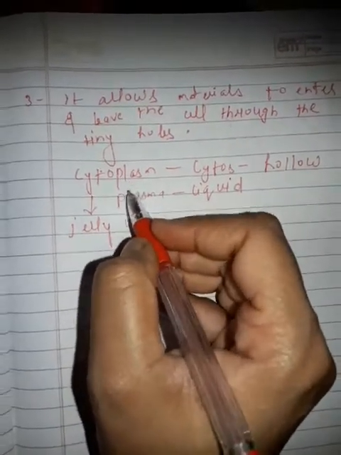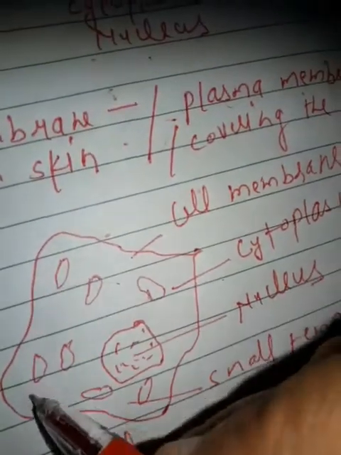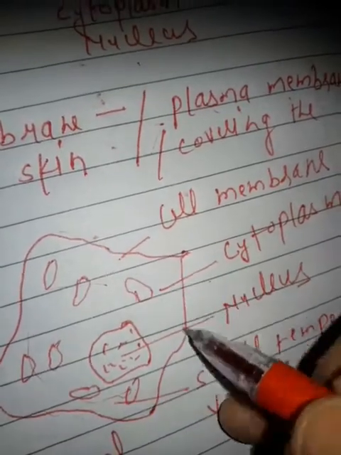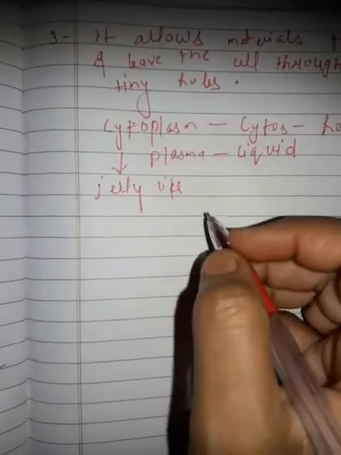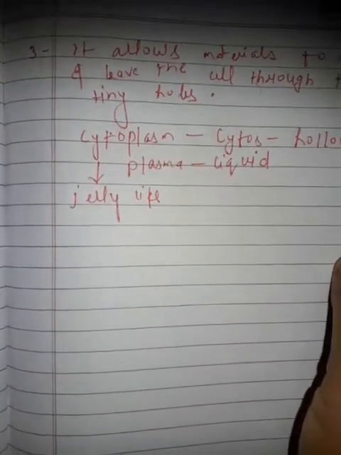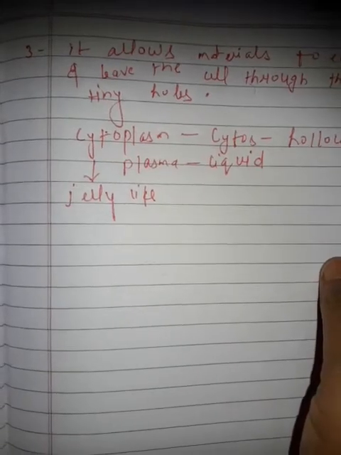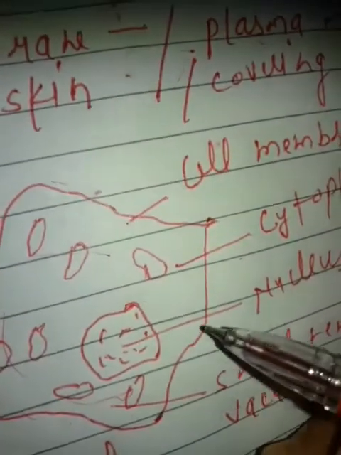You can see in the diagram, this cytoplasm is the jelly-like structure and it occupies the space between the cell membrane and the nucleus. All the life functions of the cell take place in the cytoplasm, and the cytoplasm contains many important tiny compartments or structures called the organelles.